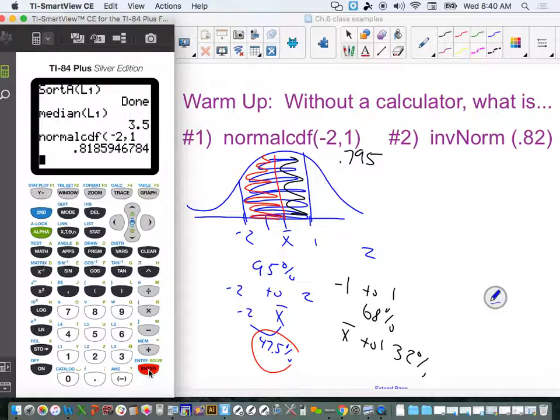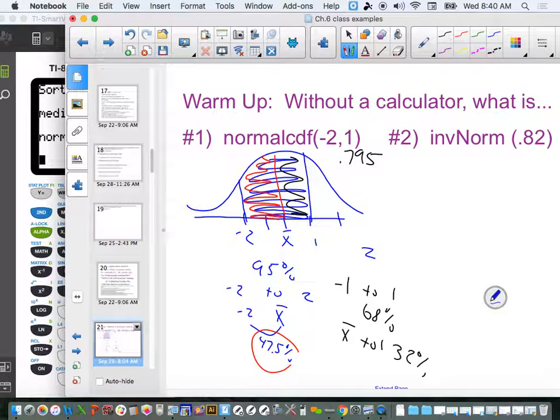So I did 95 minus 68, and then divided 27 by 2. Oh, okay, so you took 95% between -2 and 2, and then you subtracted 68 from that. And then I got 27, then I took 68 plus 13.5.